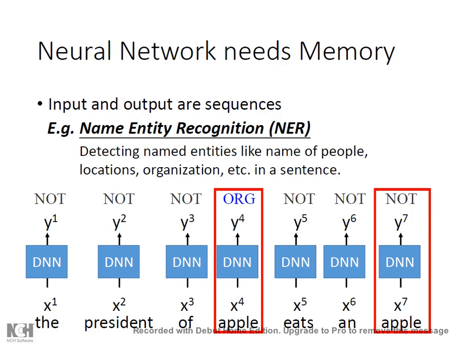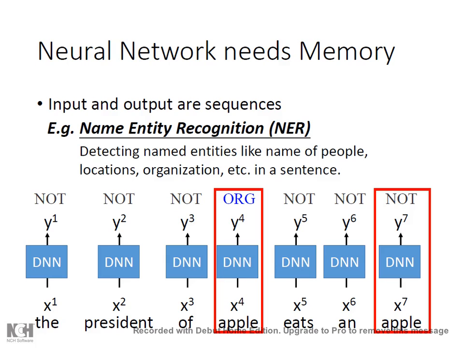The input is a sequence of words, a sentence: the president of Apple is an apple. And the output will tell you a result for each word.